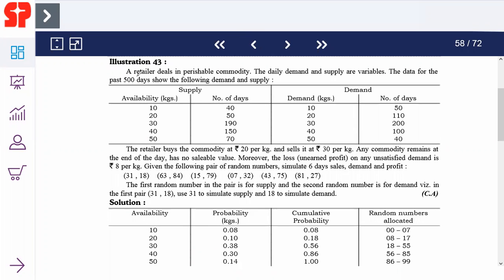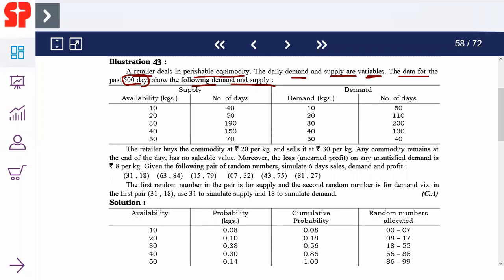A retailer deals in a perishable commodity. Daily demand and supply are variable. Data for the past 500 days show the following demand and supply. So there is a retailer who is dealing in a perishable commodity.